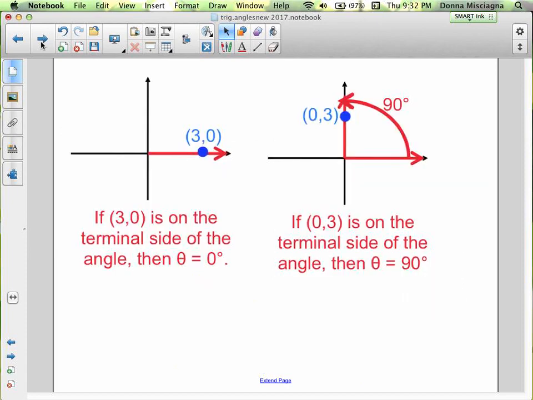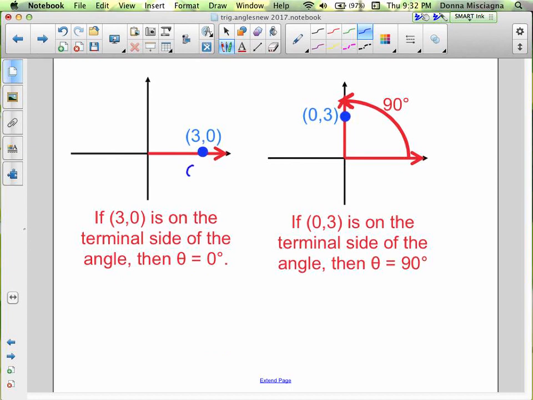And so if 3, 0 is on the terminal side of the angle, theta is 0 degrees. If 0, 3 is on the terminal side of the angle, then theta is 90 degrees, right? So this is my theta. On my first one, nobody even put theta, right?